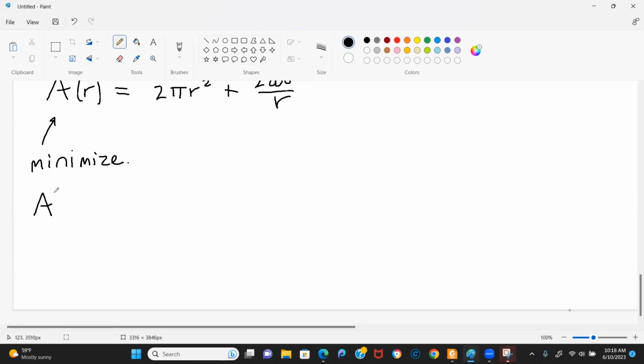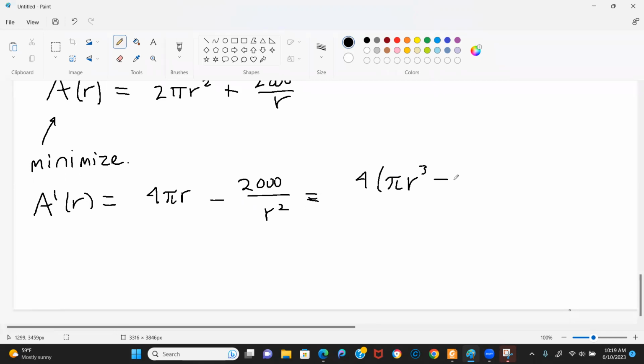So the derivative in this case is going to be 4 pi r minus 2,000 over r squared. And if you solve that one, then you can combine things a bit to get 4 times pi r cubed minus 500 over r squared.